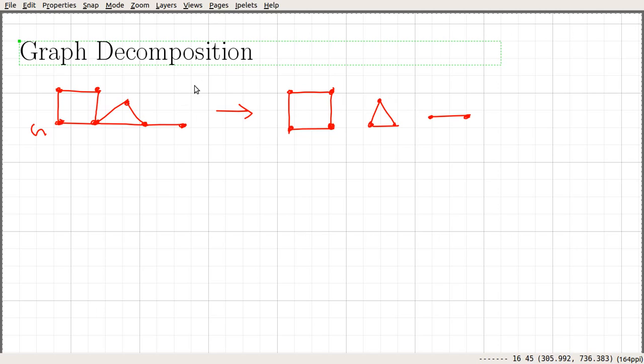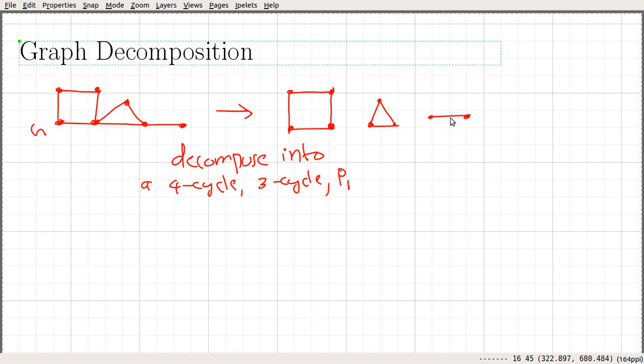So graph decomposition means take a graph and, in this case, decompose it into a 4 cycle, a 3 cycle and a path on 2 vertices, P1.